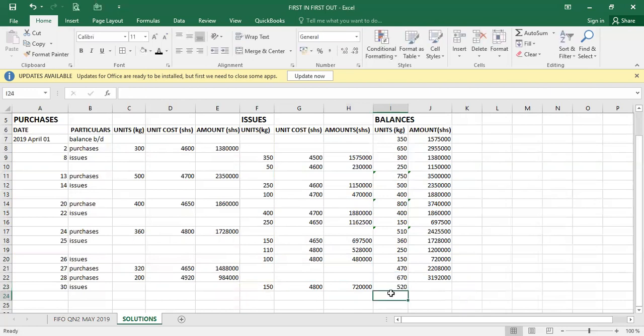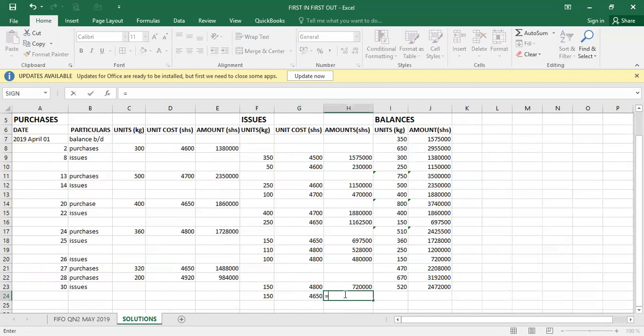So it will be cost, this minus this. So we issued the last one because they were supposed to be 300, so it is 150 plus 150. But this one is going to be valued at our next or preceding batch, which was bought on 27th at 4,650.